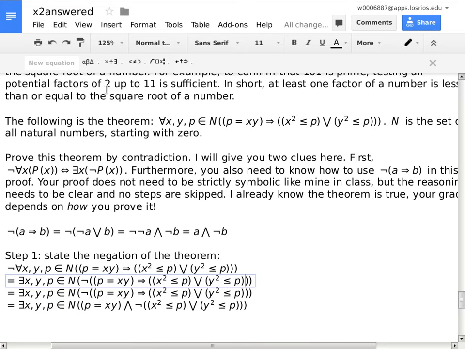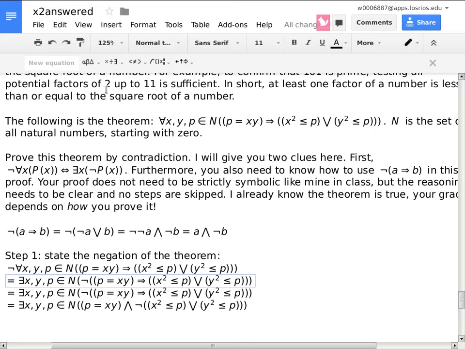There we go. Okay, so this is the negation of the theorem. This is a good one, okay? Because now we can look at this again and say, there's a lot of mumbo jumbo in terms of mathematical symbols, but what does it really mean?